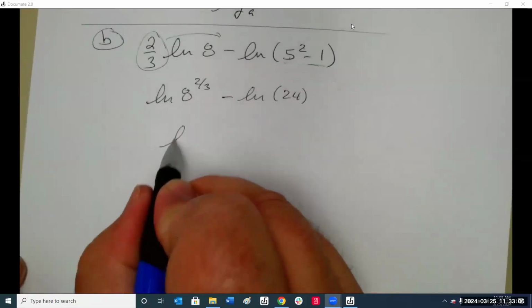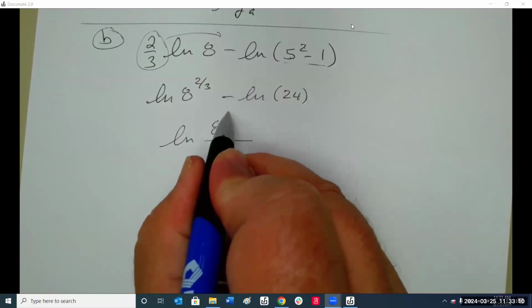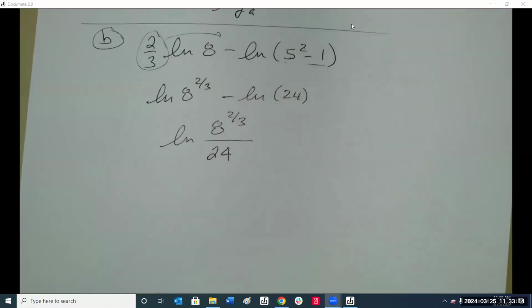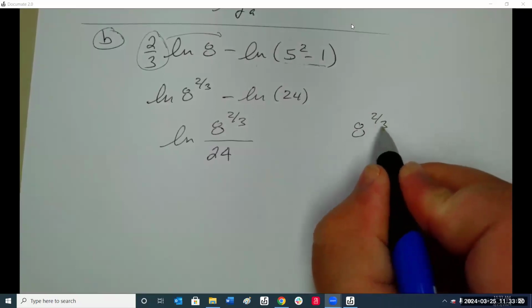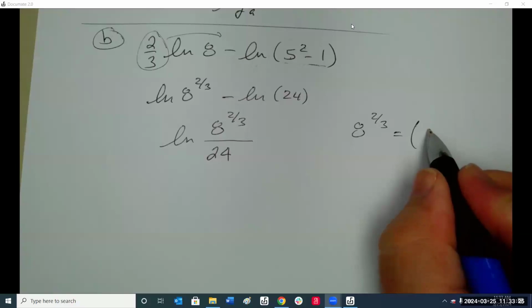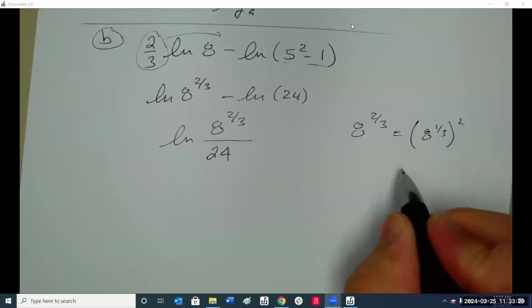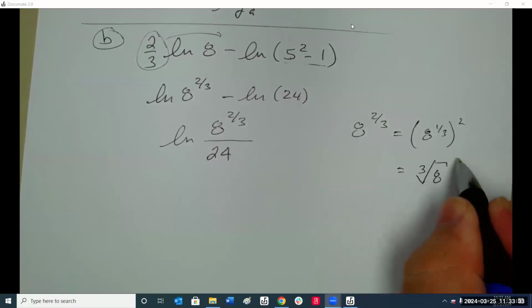Since they're subtracting, I'm going to divide. 8 to the 2/3 is the same thing as 8 to the power 1/3 times 2, or cube root of 8 squared.